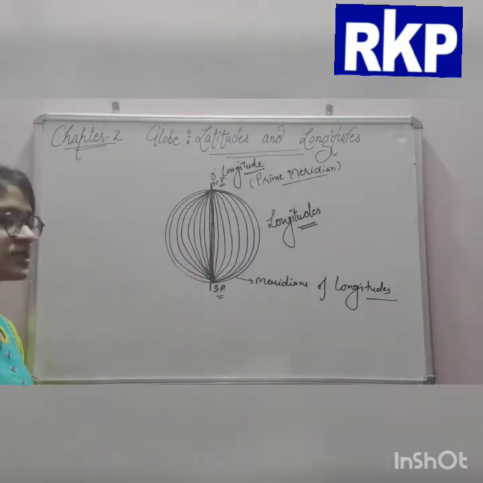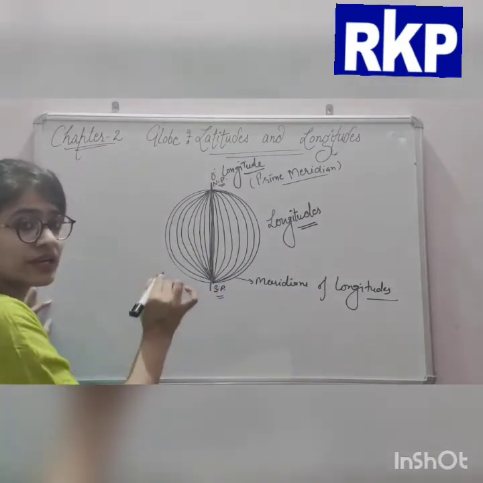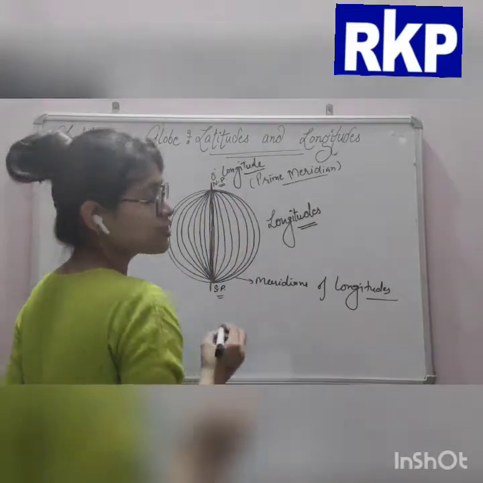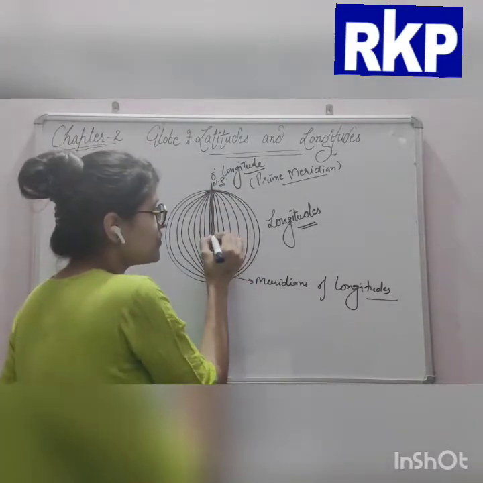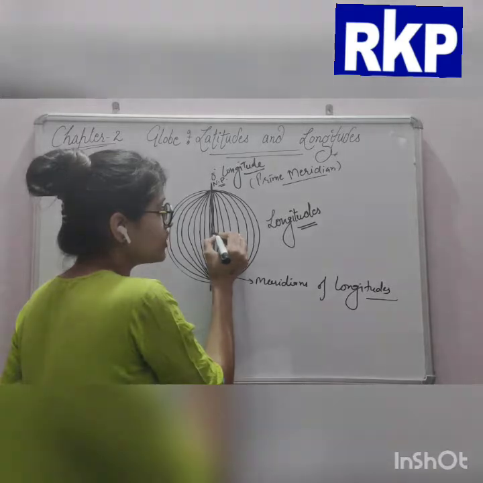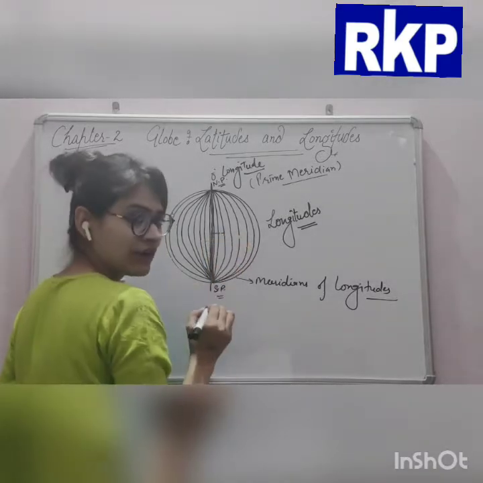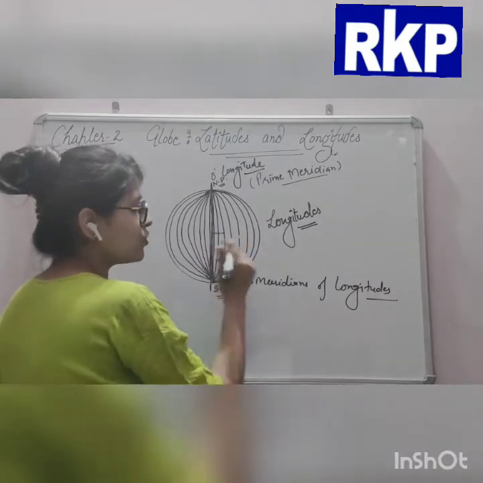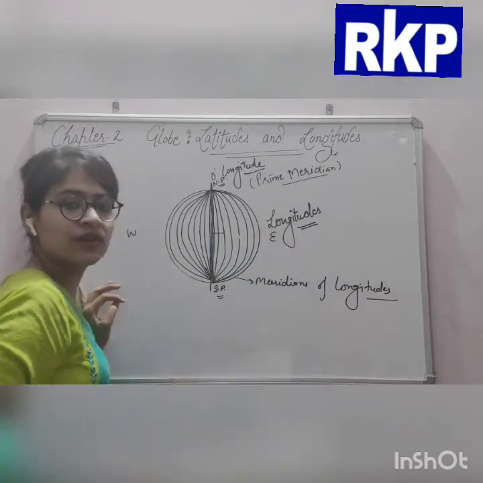Our distance is measured in degrees here. So this is 0 degree, the next line will be 1 degree, then 2 degree, 3 degree, 4 degree, 5 degree. Like this we go, this is east and this is west.